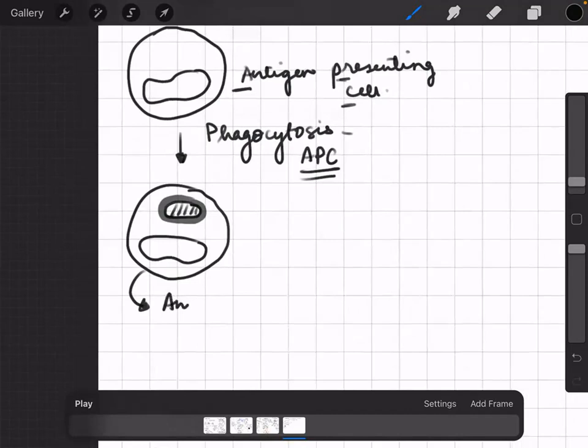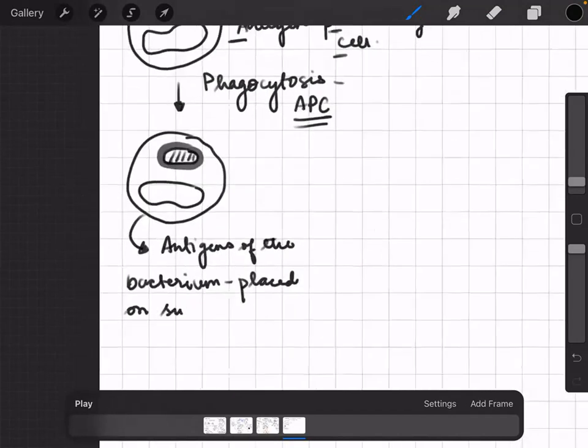So we are going to write antigens of the bacterium get placed on the surface of the APC membrane.